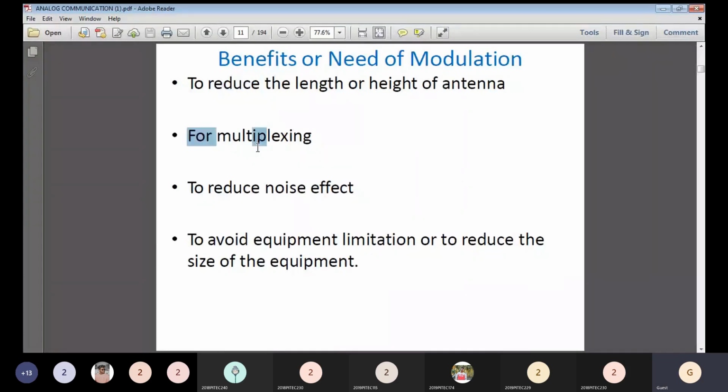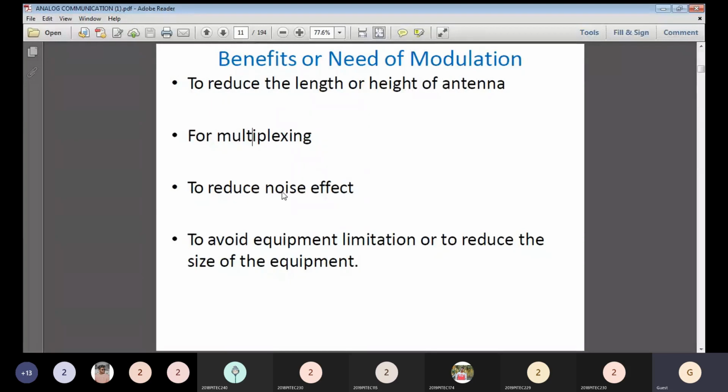Multiplexing means simultaneous transmission of multiple signals. Direct transmission of multiple signals is not possible because for each and every signal, we would have to design a complete communication system. But by use of modulation, using a single communication system, we can transmit different frequency signals, different types of information signals. That is called multiplexing.